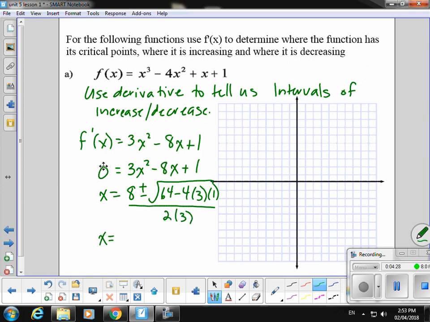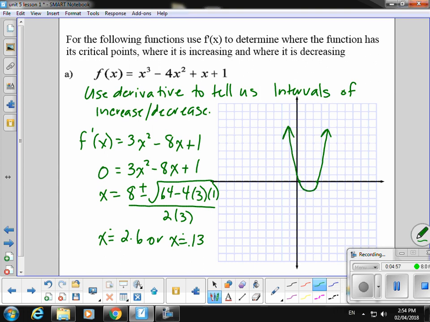I end up with two possible roots of 2.6 or approximately decimal 1.3. So just really not accurately. 2.6 approximately right there. So I have a quadratic with a positive leading coefficient. I know more or less my curve will look like that.